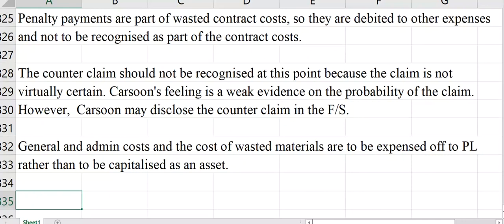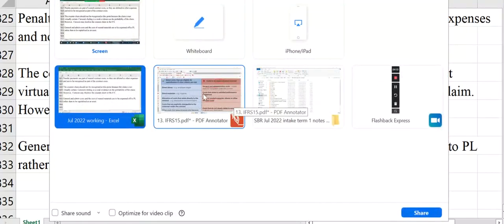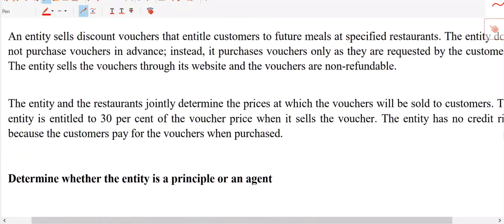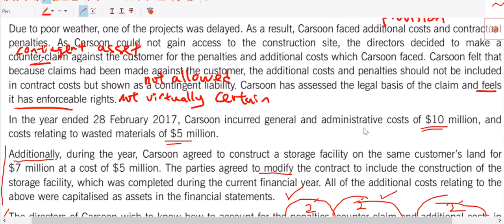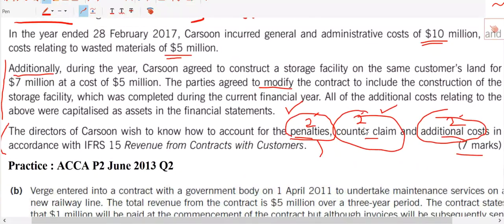Okay, let's move on back to here. Okay, they modify the contract now. Original contract is to construct a retail outlet for the customer. Now, maybe halfway, we decided to change the contract to include a storage facility.